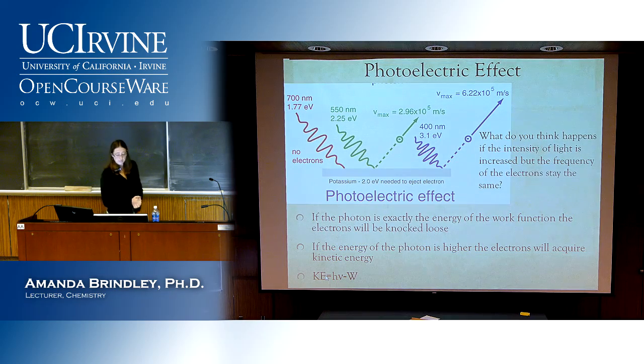Now, what do we think happens if the intensity of light is increased, but the frequency stays the same? So remember, we talked about intensity. We said it's just more and more and more light. It's shining 3 bulbs instead of 1 bulb, or 10 bulbs instead of 5 bulbs. So if we increase the intensity, are we increasing or decreasing the number of photons? Well, we're increasing it, right?